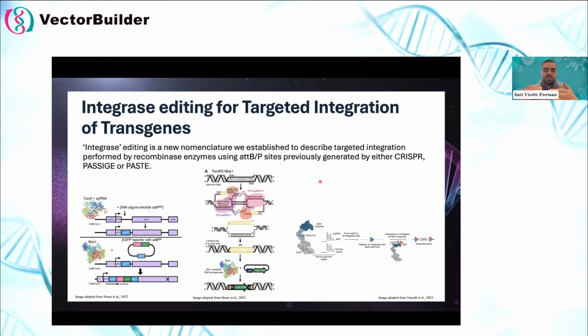Because if we depend on the homologous recombination with those very long homologous arms, it takes a little while to generate in the lab, or you can use the vector builder for ordering that. So instead of using that mechanism of getting that very long arm, you can use a vector with that very tiny ATTP or ATTB sequence, which for ATTB, just like it happens in this example here for the paste, is 38 BP that is inserted.